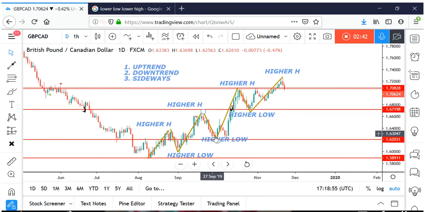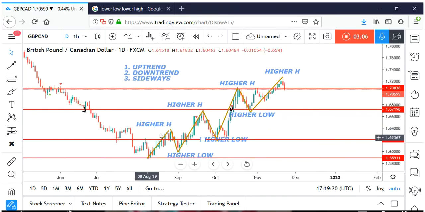Then the next one occurred again, and this is when we know we are in an uptrend. Once this high broke the previous high, that gives us a sign that we've changed trend, from a downtrend to an uptrend.